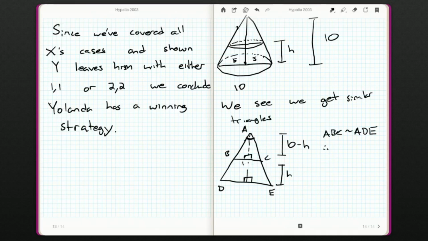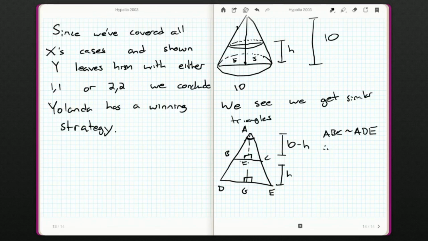And let's give these guys names F and G. So the ratio of lengths in these triangles is going to be constant. So the ratio of AC to AE is the same as the ratio of CB to ED, that sort of stuff.